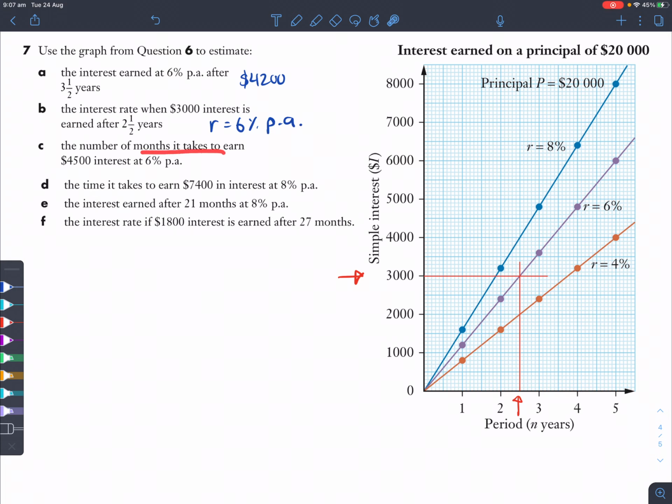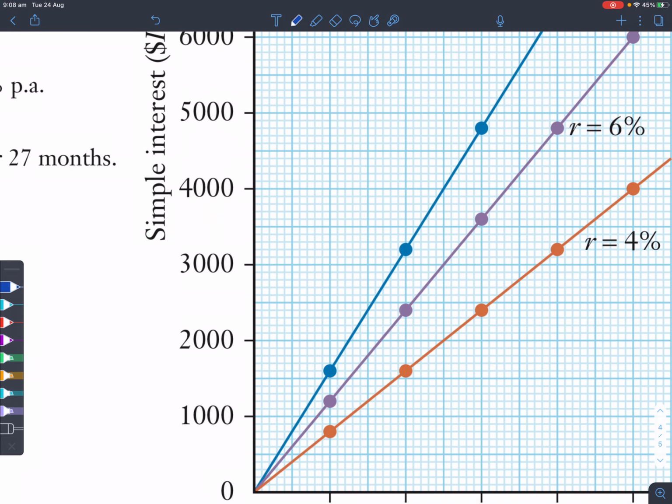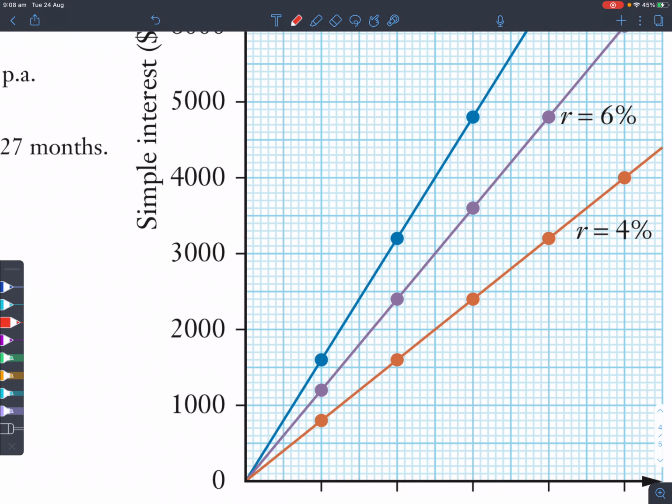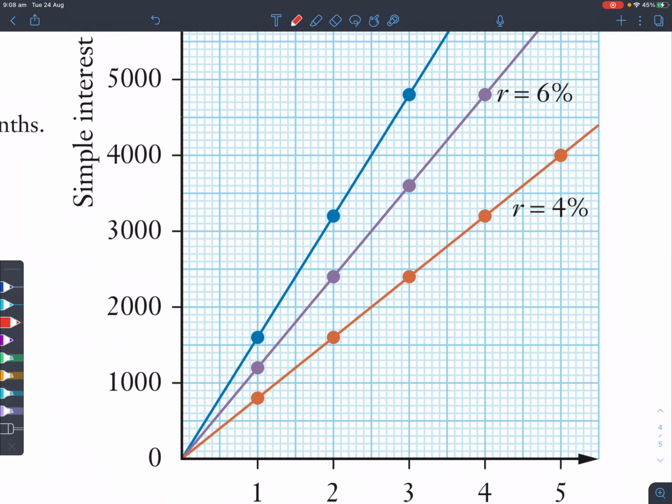Question C: the number of months it takes to earn $4,500 interest at 6% per annum. We're looking at 6% per annum, which is this purple line, and 4,500, which is directly between 4,000 and 5,000. So we'll draw a horizontal line across, hit that line, and go down right there.